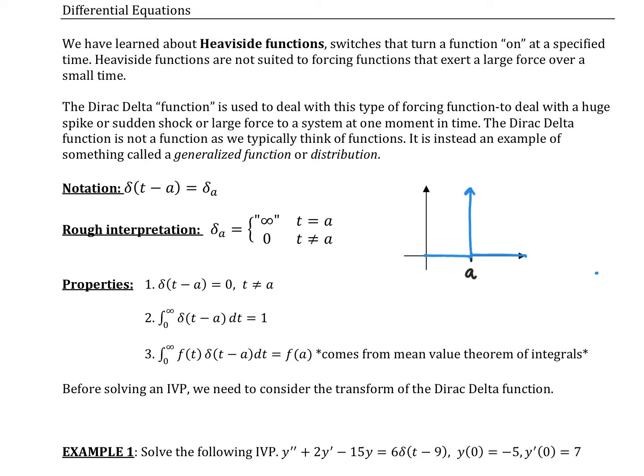So at a, the area under this curve, if you will, no curve, but this area is 1. Okay, I'll write that down just so we can remember it. So this basically says that at a, the area is 1.